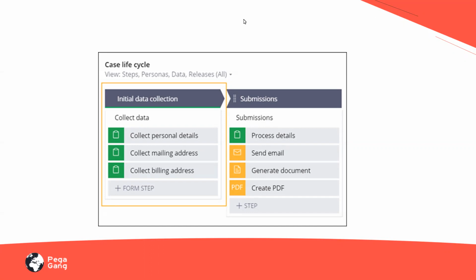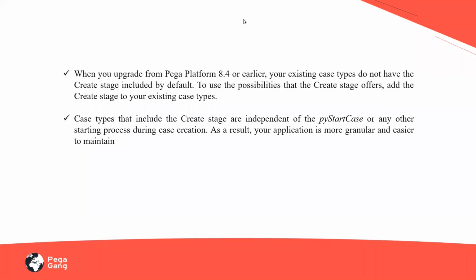One other flexibility that comes with this stage is that case types that include the create stage are independent of the pyStartCase process. So I don't need to worry about what happens on pyStartCase. My application is a lot more granular and easier to maintain.